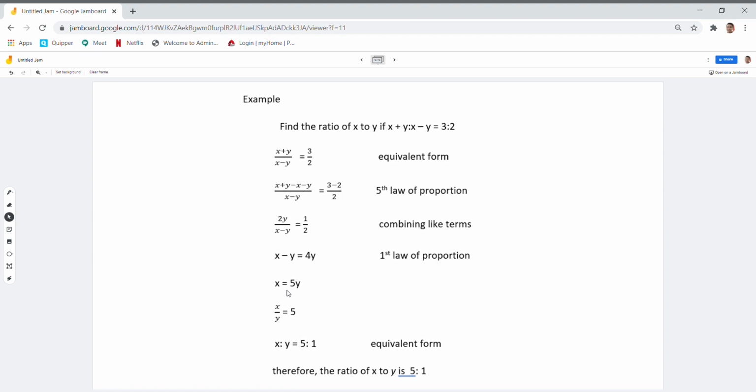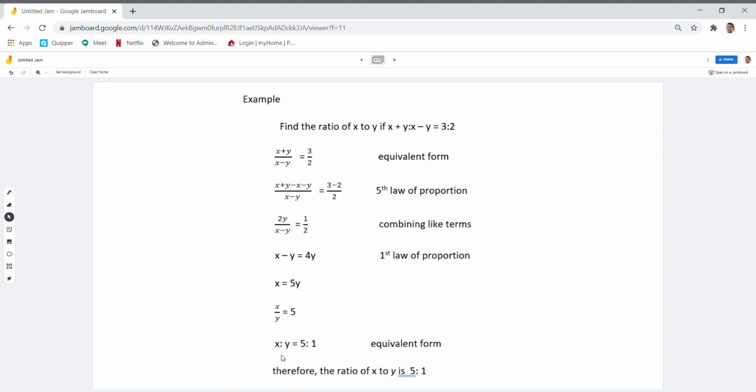So x is equal to 5y, and then you divide both by y, so you can find the ratio of x to y. So x to y is already a ratio, x is to y, right? x is to y now is equal to 5 as you divide both sides by y.